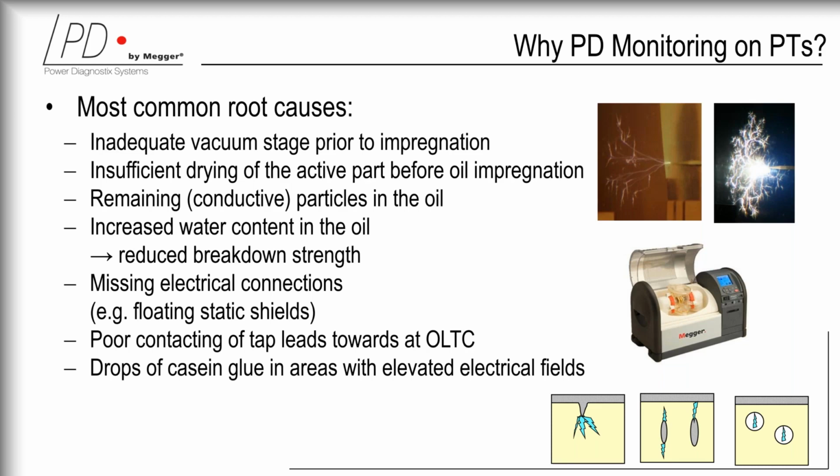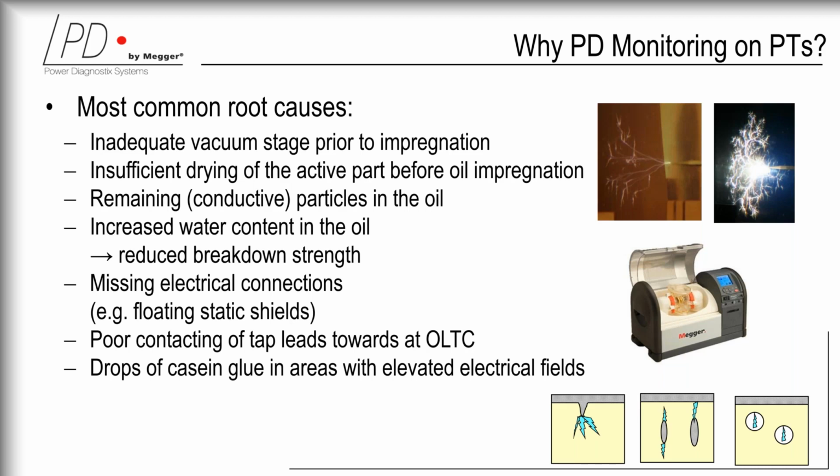So sometimes there are inadequate stages prior to impregnation. Sometimes maybe the transformer is not sufficiently dry before the paper insulation is impregnated with oil. Then sometimes there are remaining conductive particles in oil, and there is a water problem.